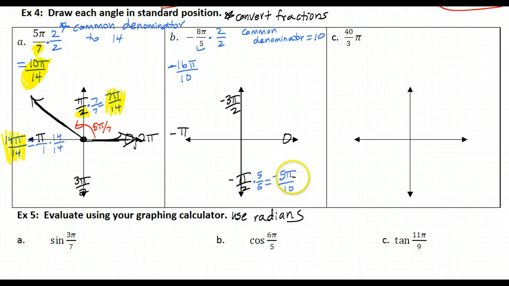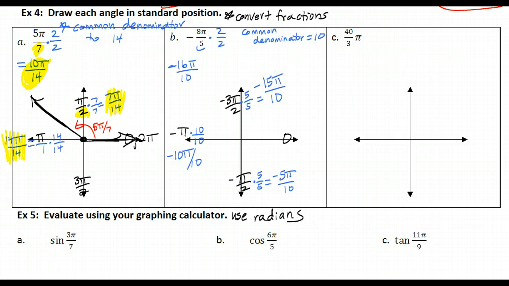Now that's way too small because I'm looking for negative 16 pi. So this one I'll multiply by 10 over 10. I have to keep going because that's too big still. So multiply by 5 over 5. That one, 3 times 5 is negative 15 pi.